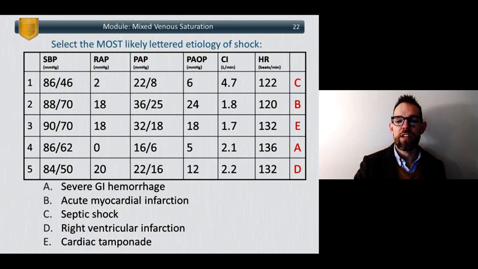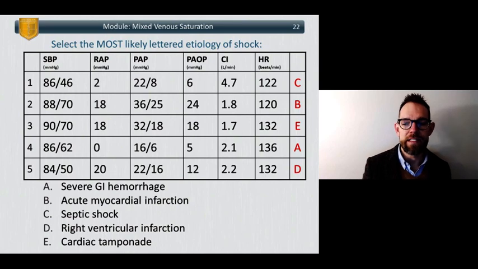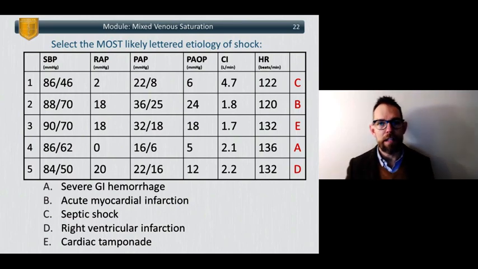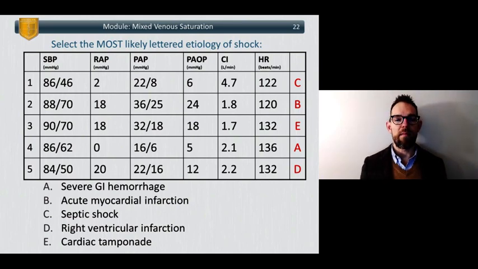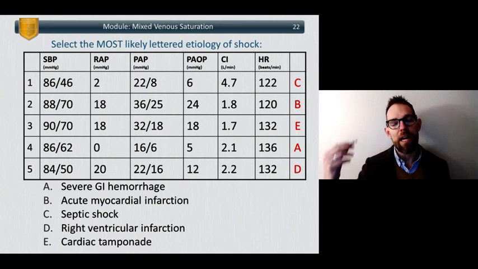For right ventricular infarction, we only see elevated right atrial pressures, which of course makes sense. There's no effect really on PA pressures or PA occlusion pressures, it only affects the right side of the heart. Therefore, the answer there is D. Now again, this was a complex question. My advice would be to go through this multiple times, replay this section, and be able to tell yourself exactly why each answer matches up with each choice.